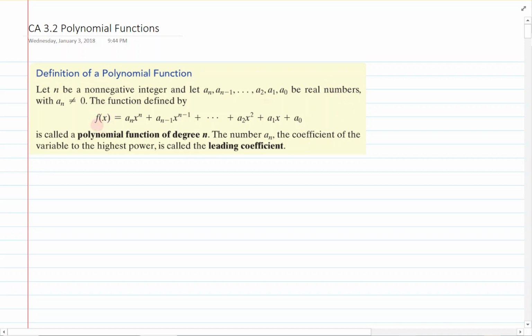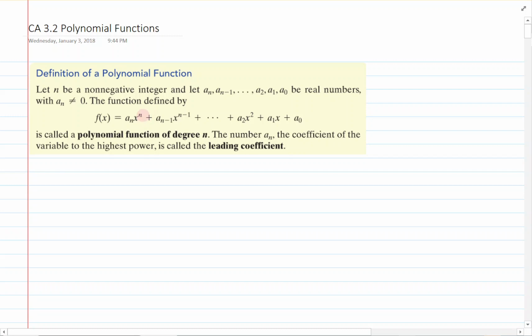What it is saying is, the function is polynomial if you have terms of x, each with an indicated power, with a coefficient in front of it, and the exponents determine the degrees of the polynomial, and they cannot be negative because that would cause the x to go into the denominator.